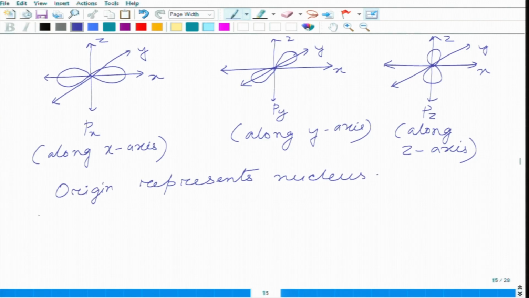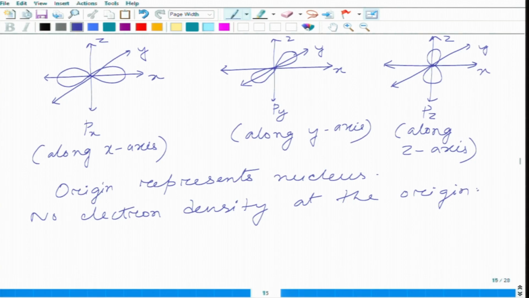So, there is no electron density at the origin. The origin is a point where there is no electron density.